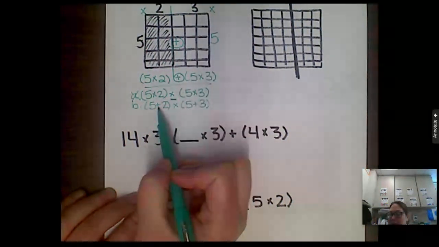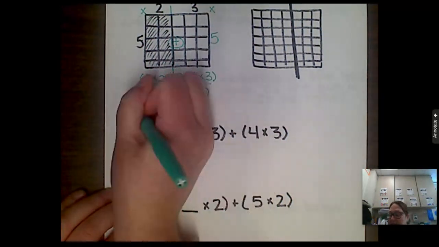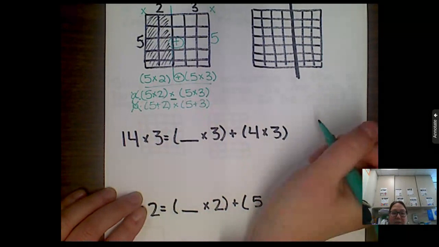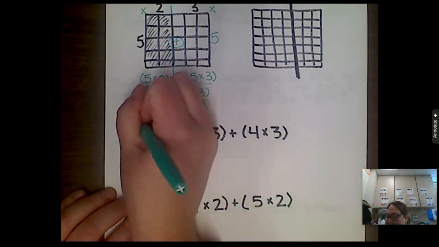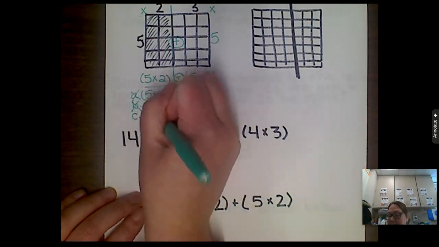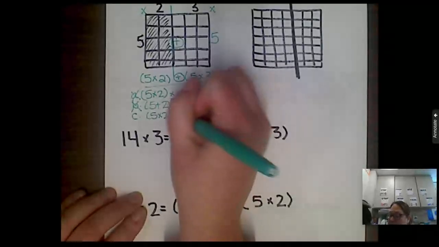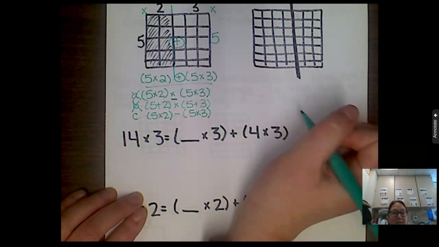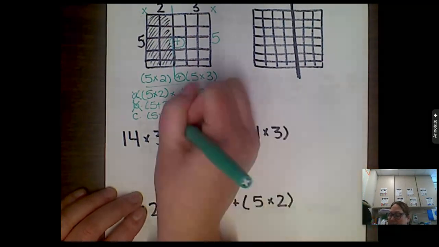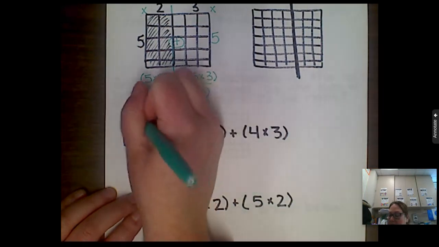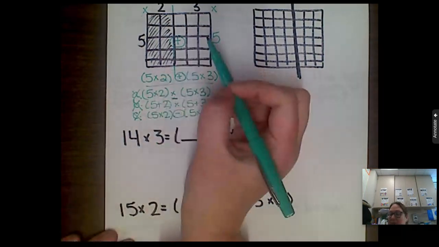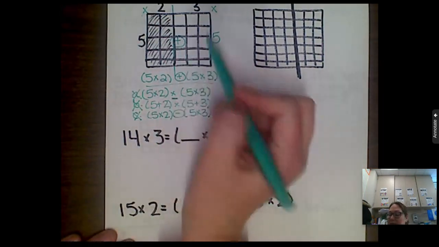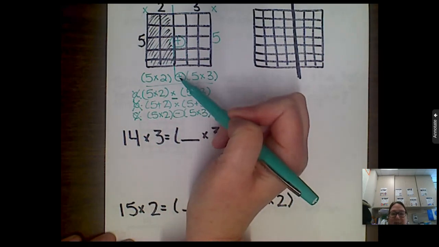So if we see something like that, we know that can't be correct either, because we're not multiplying the parts. What if C says 5 times 2? That looks pretty good, right? No, what's wrong with that one? The subtraction sign in the middle, right? So in order for this to be correct, it has to be multiplying the 2 parts and it has to be adding them in the middle.